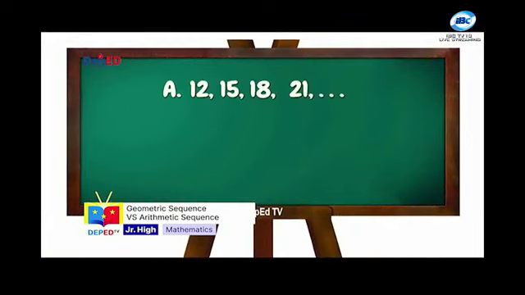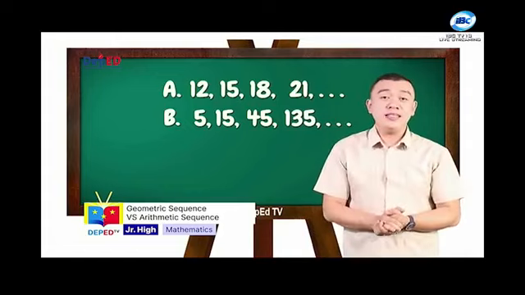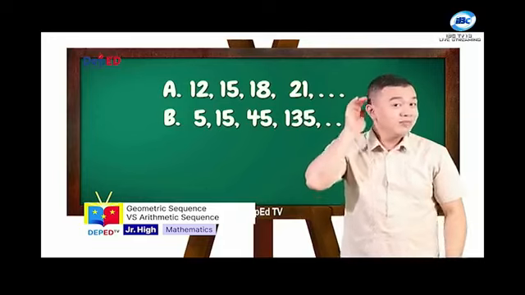For letter A, 12, 15, 18, 21, and so on. B, 5, 15, 45, 135, and so on. Which do you think is a geometric sequence?